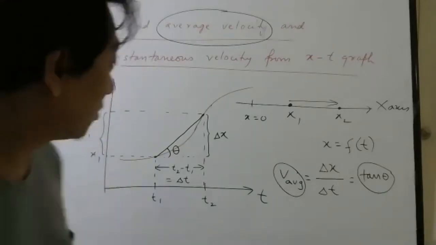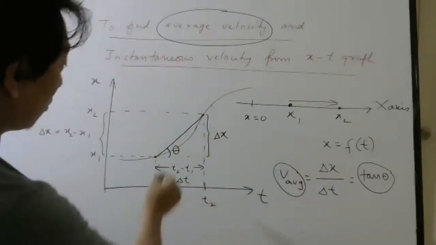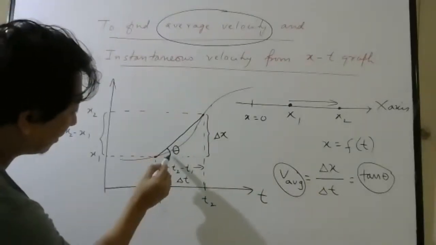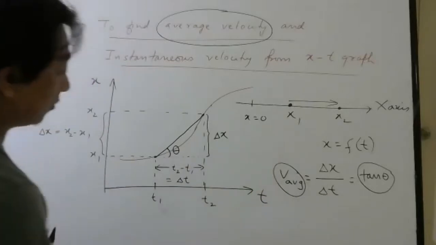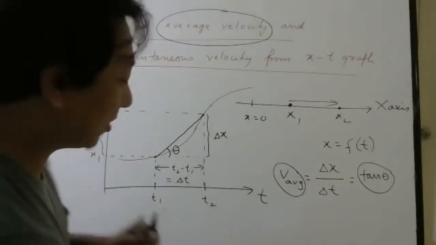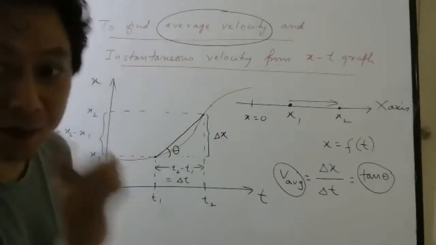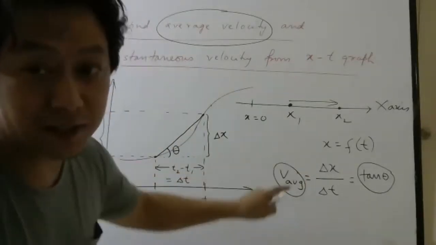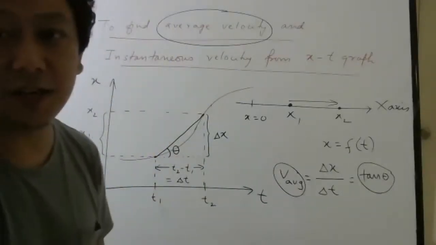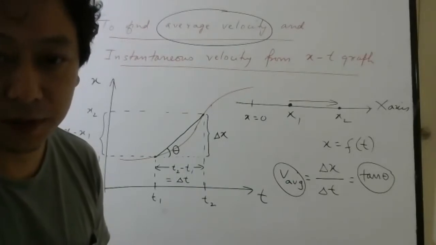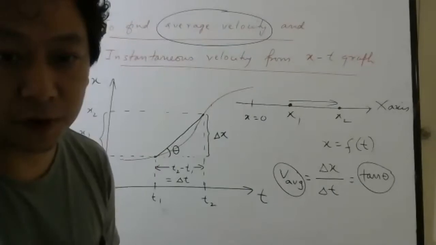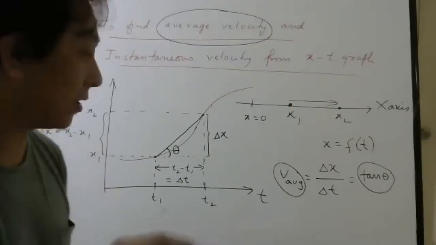Understood or not? So search those 2 points, draw a straight line joining them, and measure the angle theta with the x-axis. Now you will say, sir, this is the time axis actually. Actually this is the x-axis and this is the y-axis, but here we are using the x-axis for time and the y-axis for displacement. Are you understanding? For the x-axis we are using time, for the y-axis we are using displacement.